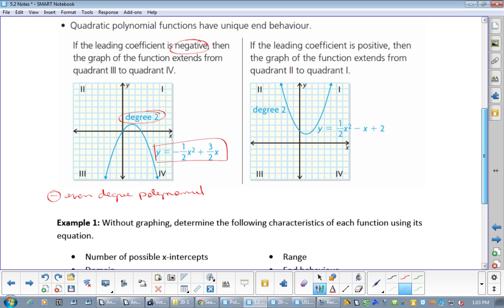Okay, give me an example of a negative even degree polynomial. Negative x squared. Give me another one. Negative x to the 6.